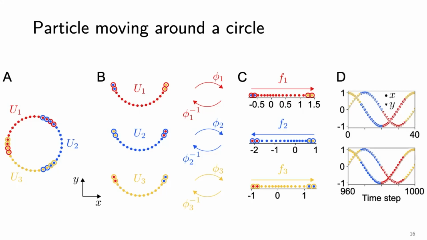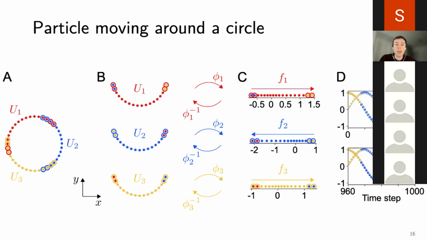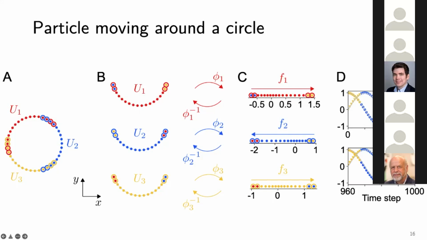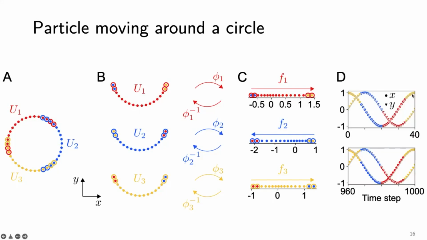What I'm showing on the far right here is what happens when you take some initial condition on the circle and evolve it forward in time under our learned dynamical model. Here our learned dynamics are just one-dimensional, represented in each of these patches. The individual points show how the system evolves forward in time with our learned model.